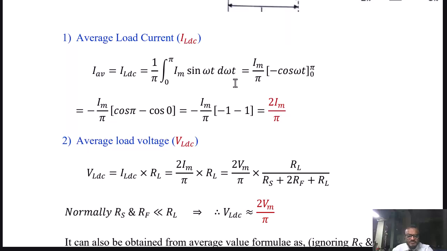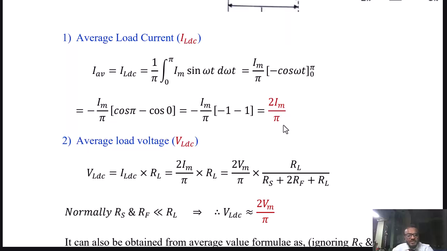Substitute the limit. We will get ILDC is equal to minus Im by pi, cos of pi minus cos of 0. This bracket is evaluated to minus 2. And therefore, after simplification, you are getting the average load current ILDC as twice Im by pi.